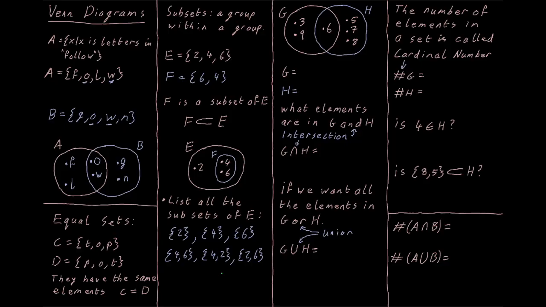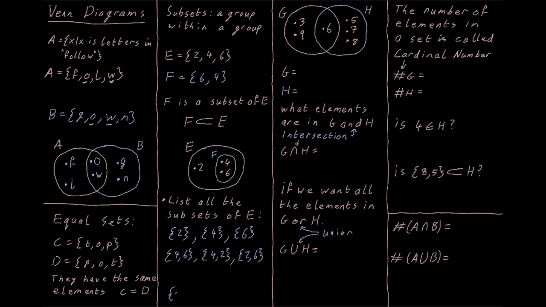Now, those are all of the proper subsets. They're proper subsets because they are parts of the group E. But there are 2 other really important subsets of E, which are called improper subsets, and that is the set itself. Let me redraw that curly bracket.